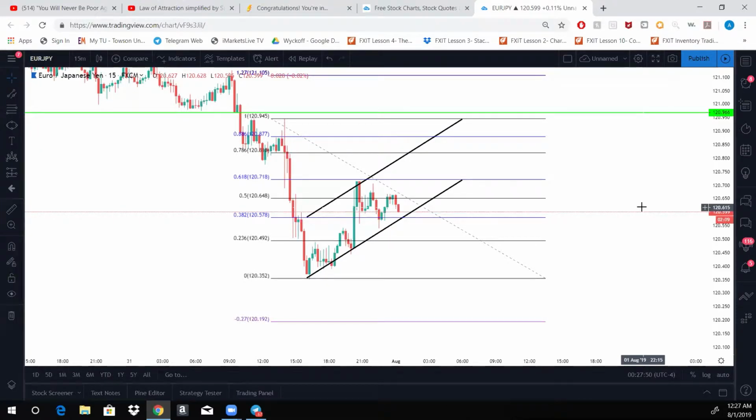Let's see if we have any more questions. We covered candlesticks, we covered Fibonacci versus fib extensions and reversed fibs. So don't hesitate to ask anything.